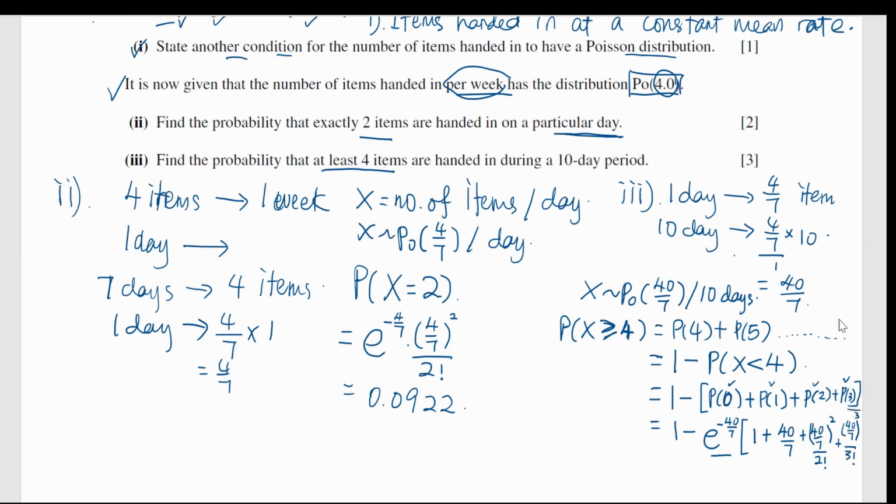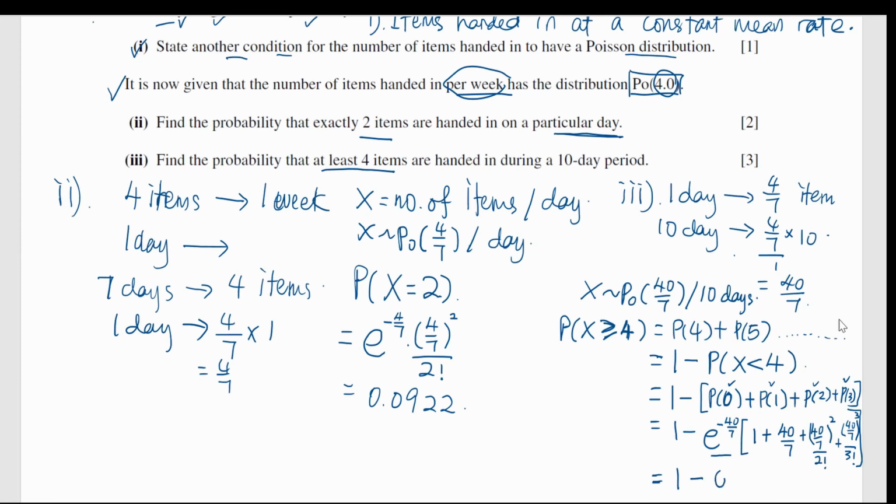Then close the bracket. Try to write the calculations in this way. It will be faster. The rest is using the calculator to find the probability.